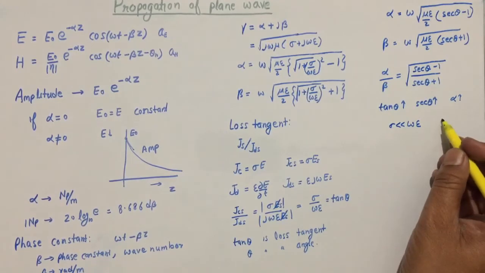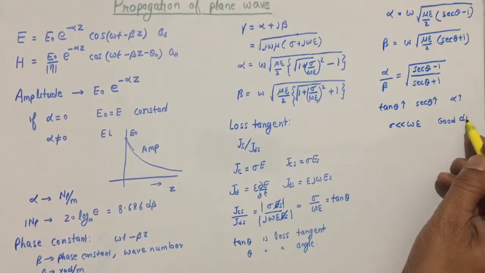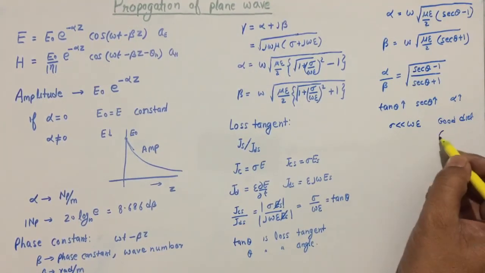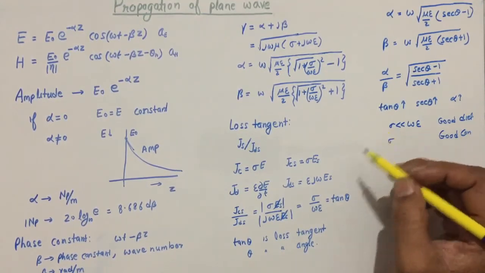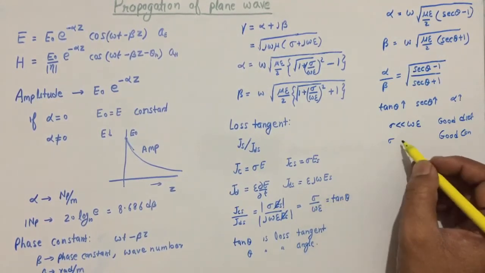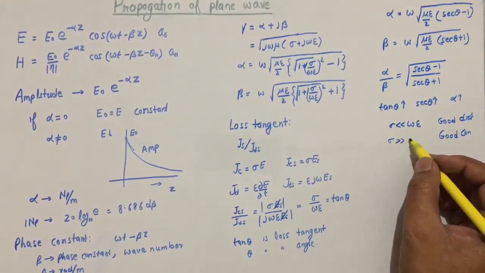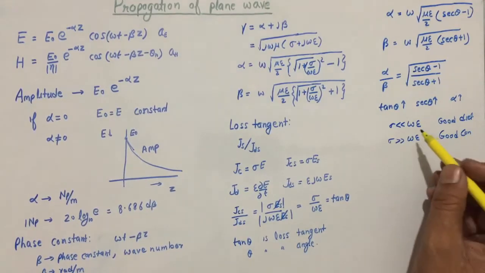So it is a good dielectric or a good conductor. For a good conductor, tan theta will be very high, that is sigma will be very much greater than omega epsilon.